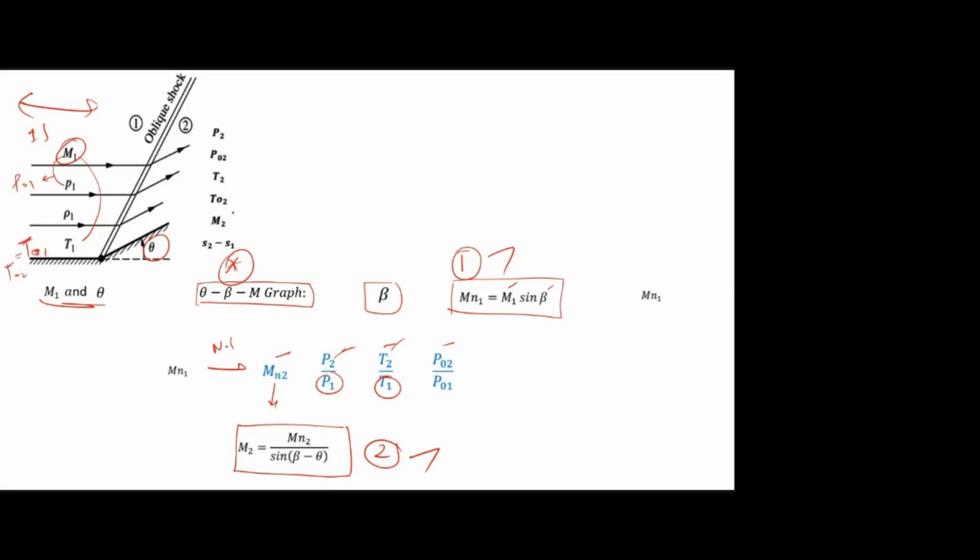Wherever possible, you can use the isentropic relation. If you know M2 and P2, you can find P02. If you know M2 and T2, you can find T02, which is equal to T01. This is how we have to solve the problem. Is it clear? Yes, sir.